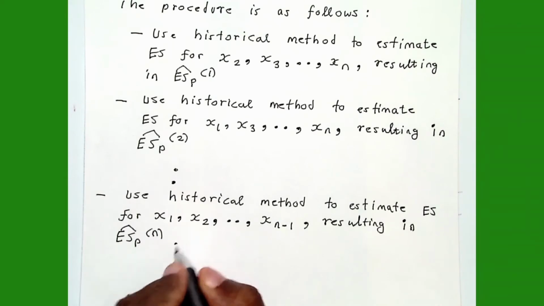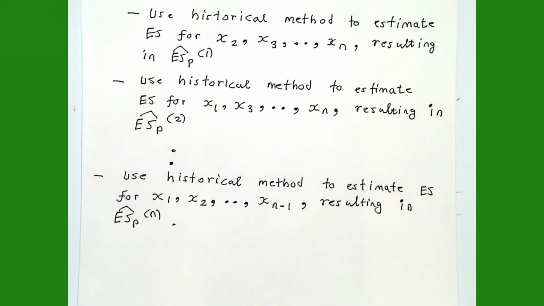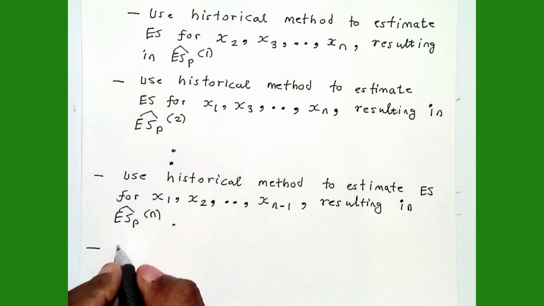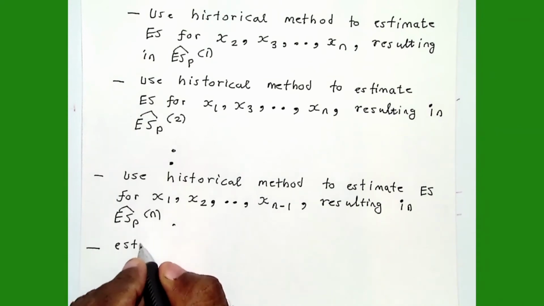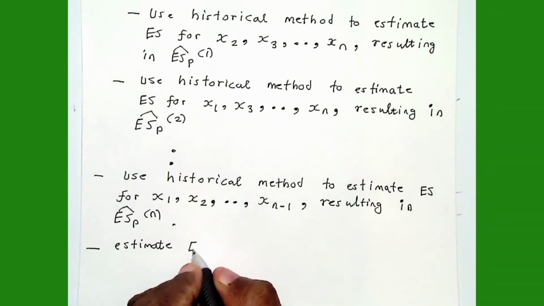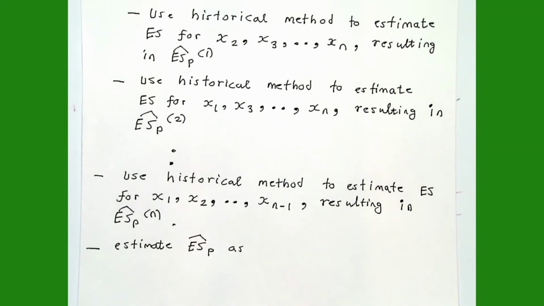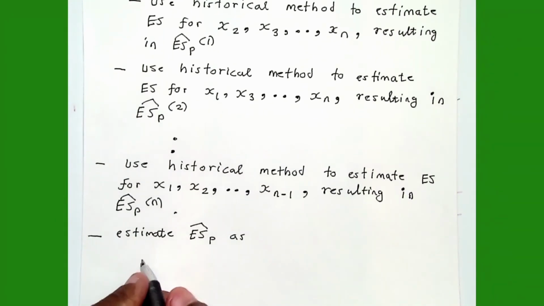Alright, so you have n estimators, right, obtained by dropping one data at a time. So the final step is to estimate the overall estimator for ES as the mean or the median.